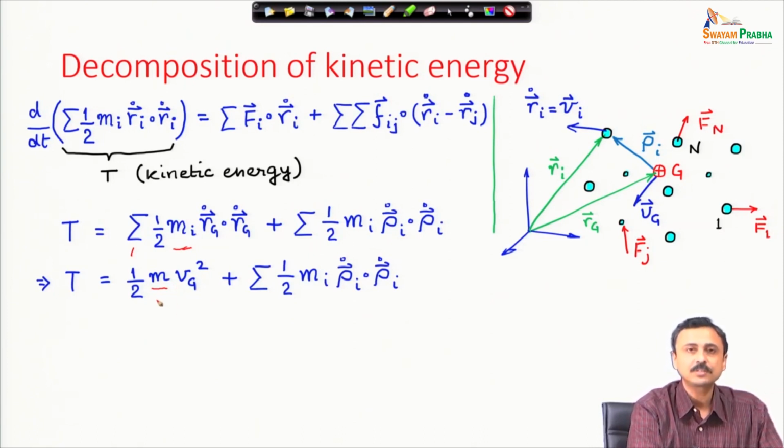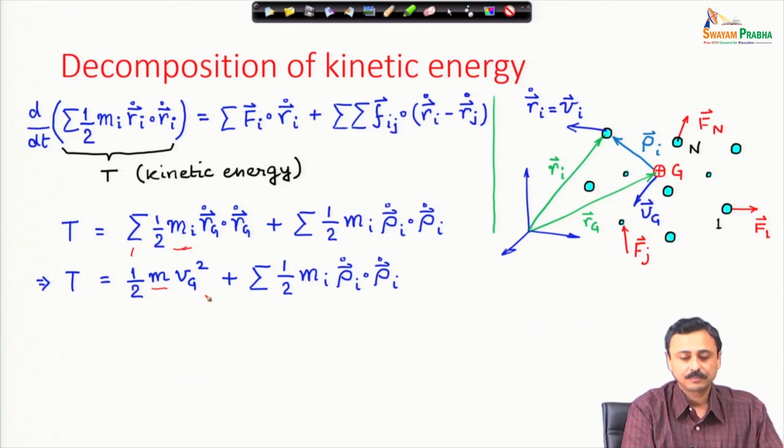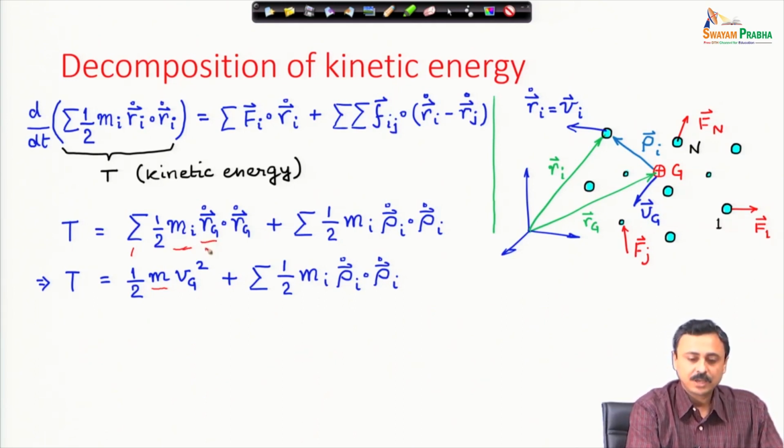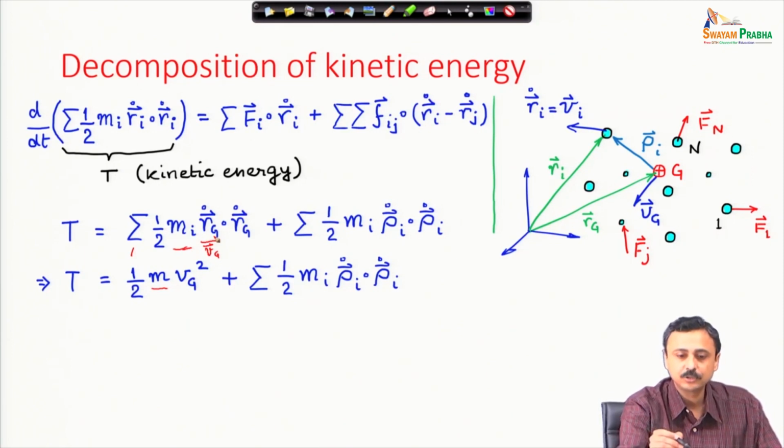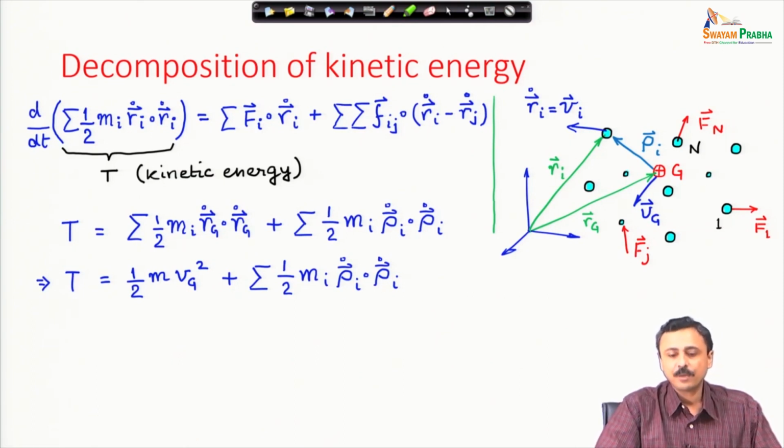It is the total mass of the system. This is the velocity of center of mass vector, and its dot product with itself gives the magnitude squared, plus summation of half m_i rho_i dot dot rho_i dot.